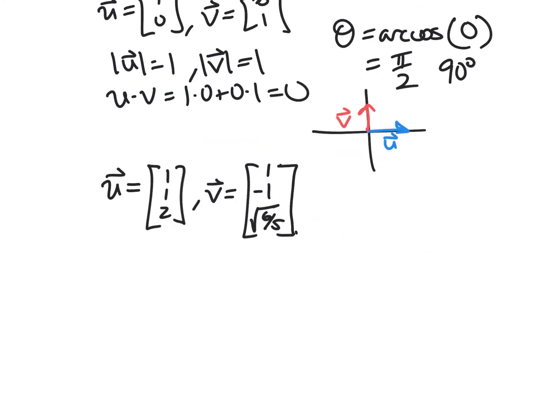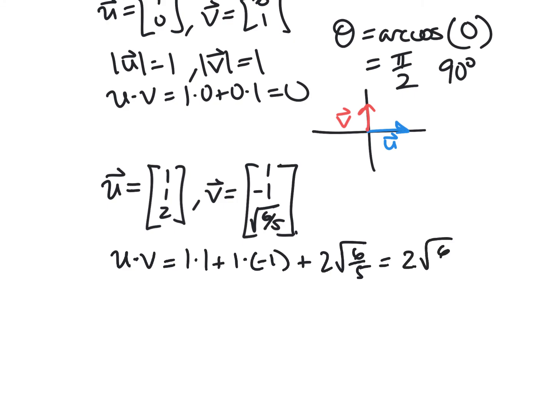All right, so let's do one more example here. So in this case, it looks a little more complicated. So I'll just do u dot v this time first. So we have 1 times 1 plus 1 times -1. That's going to be 0 combined, plus 2 times the square root of 6/5. All right. And so this is just 2 times the square root of 6/5.